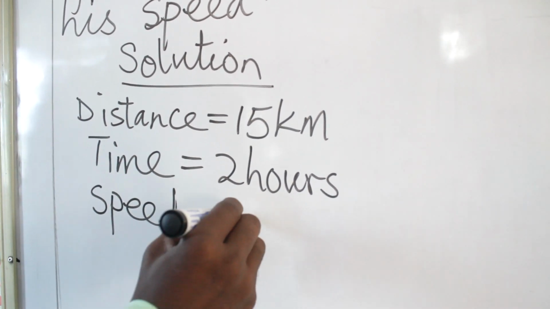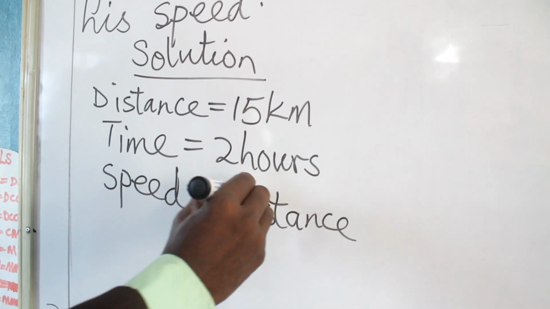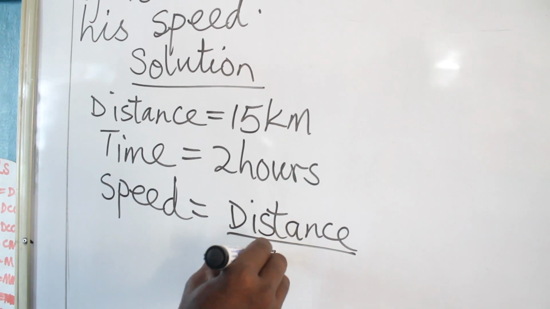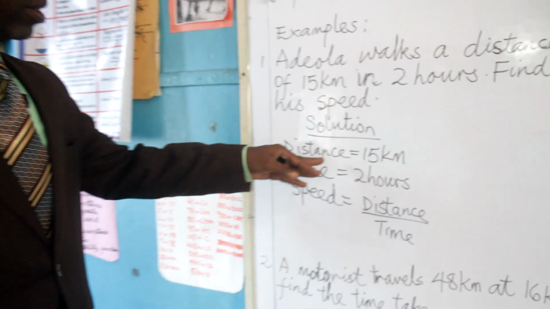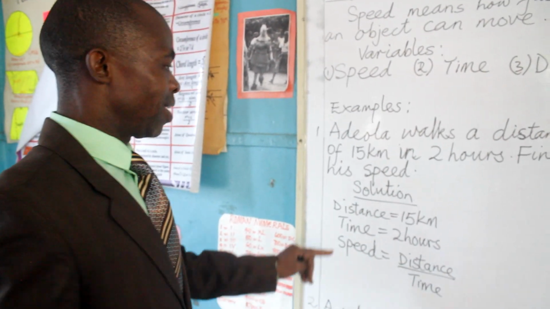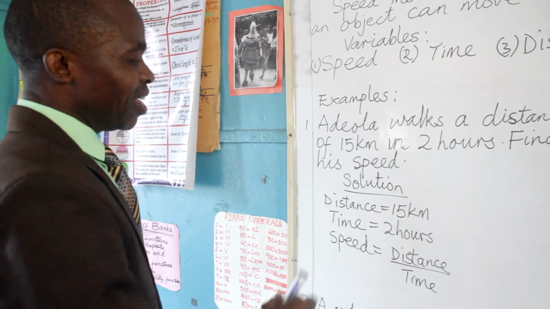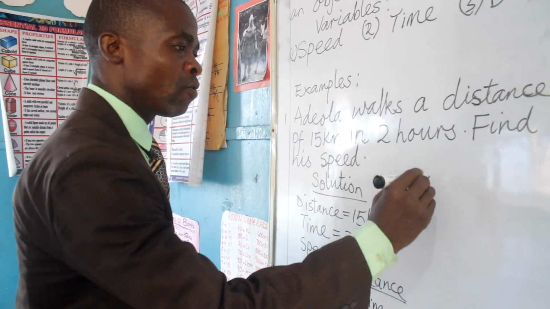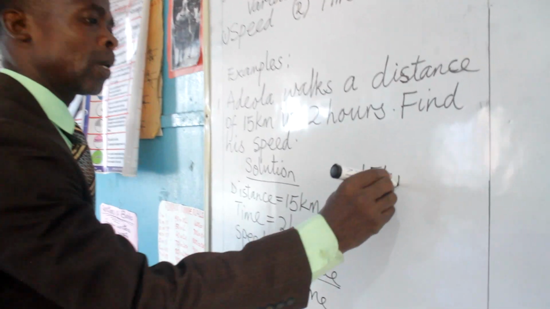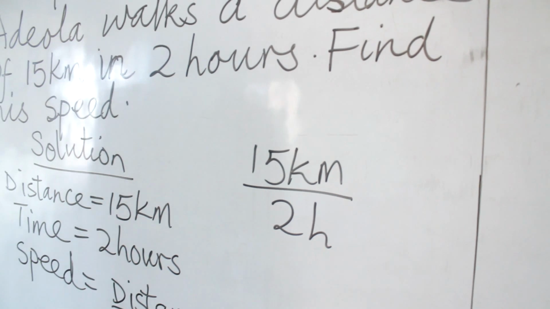You state the formula: distance divided by time. So, the distance is 15 kilometers, the time is 2 hours, and the speed is distance divided by time. You put your numbers together: 15 kilometers divided by 2 hours.